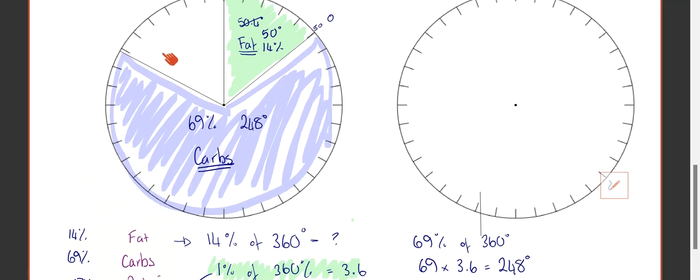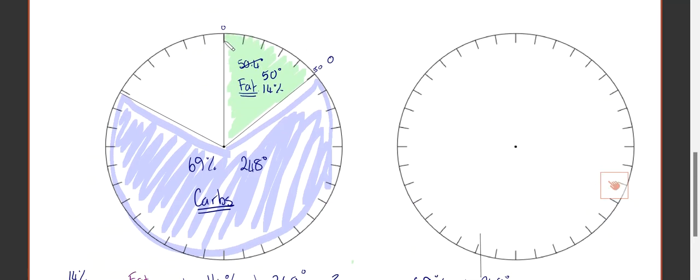If I measure that, it should be 10, 20, 30, 40, 50, 60. I shouldn't have to do anything else.